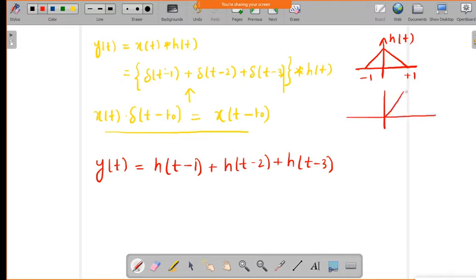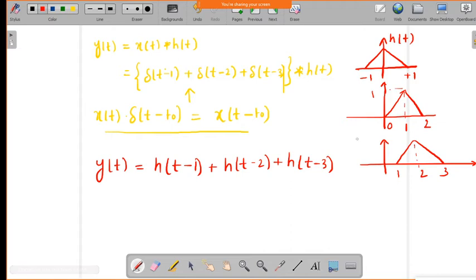This is shifted by 1 unit, that is 0 to 2, and this has amplitude 1. Similarly, you shift one more time and you will get 1 to 3, and this has the value 2.